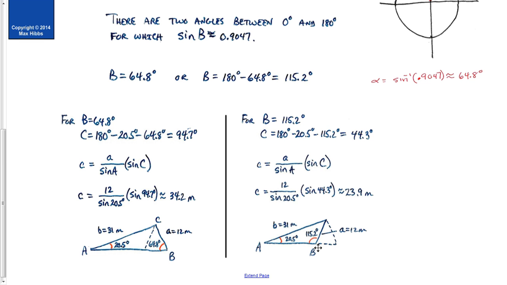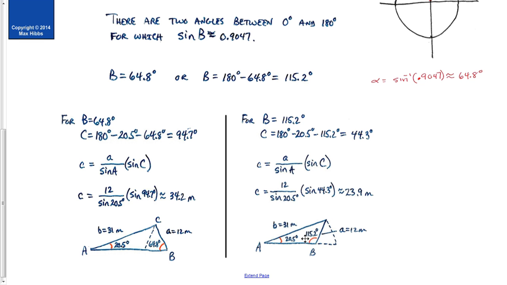Now, notice that's the reason that you saw this little dashed line in here. I still have to have this side B, don't I? So in this case, I've got side B here, but since angle C is obtuse, side A is coming over here. In this case, I've got side B, the same place, but angle C is acute, and so this side A is actually coming this direction. But the angle B that is here is 115.2 degrees.